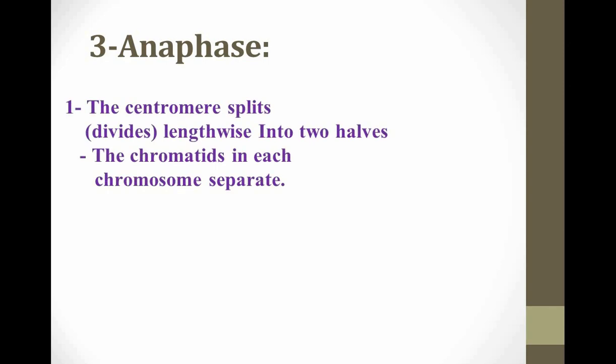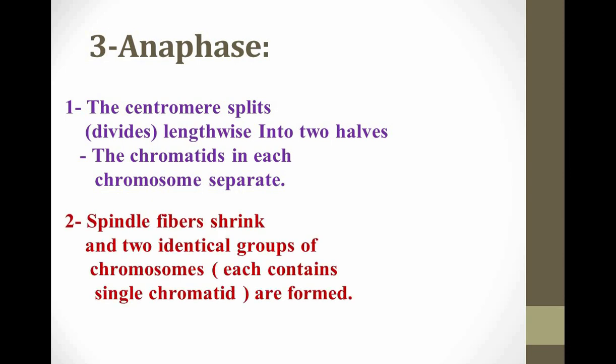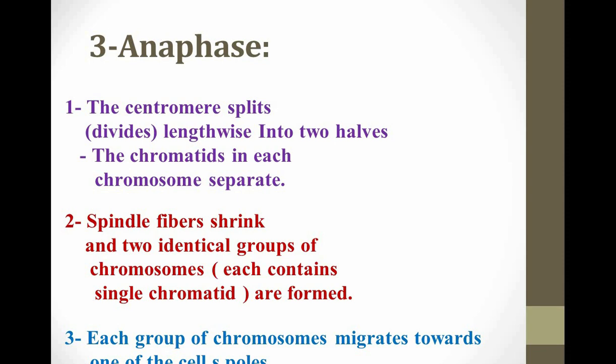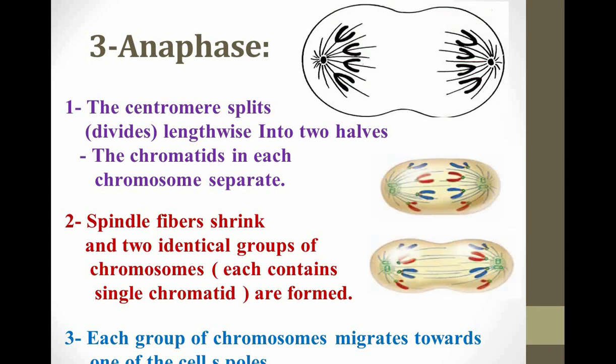Number one, the centromere splits lengthwise into two halves, and the chromatids in each chromosome separate. Number two, spindle fibers shrink and two identical groups of chromosomes are formed. Number three, each group of chromosomes migrates towards one of the cell poles, as shown in the figure.